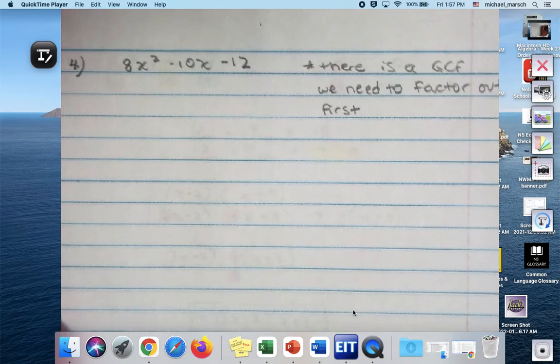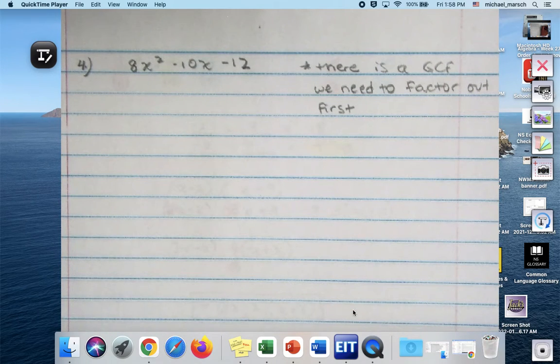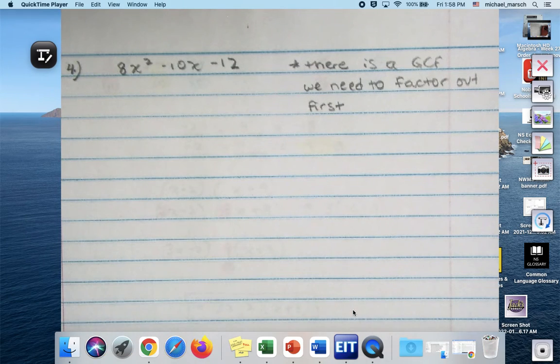So from now on, when we're doing these, the very first step is to look at these coefficients and ask, do they have a common factor? If they do, you need to pull that out. If they don't, then you go about your business. So what would the greatest common factor be of this polynomial?